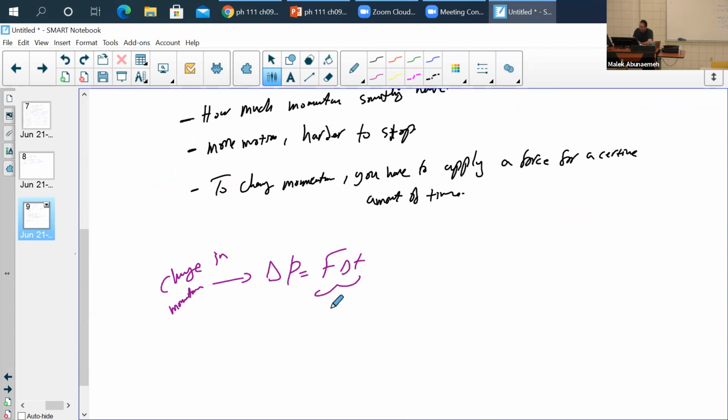Again, we call this your impulse, letter J. So that means your F equals your change in momentum, again, that's not a P, that's a rho, divided by delta t. That means your net force is going to be your dp over your dt.